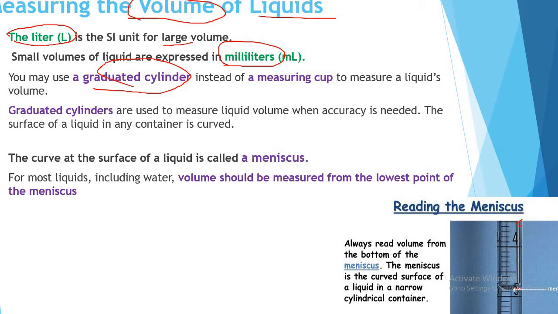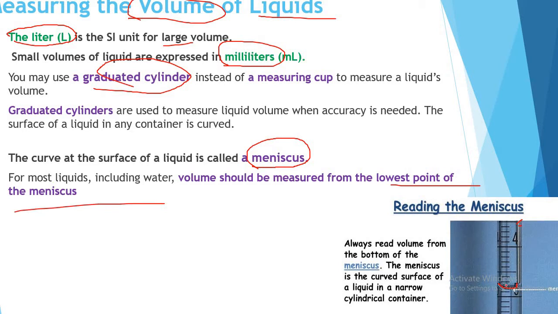The surface of liquid in any container is curved. This curve at the surface of liquid is called the meniscus. So this curve is called what? Meniscus. For most liquids, including water, volume should be measured from the lowest point of the meniscus.